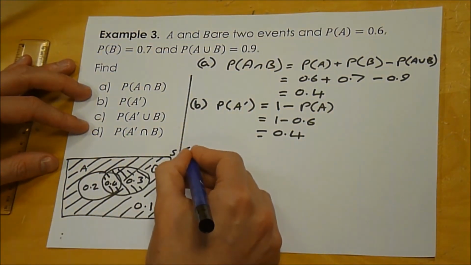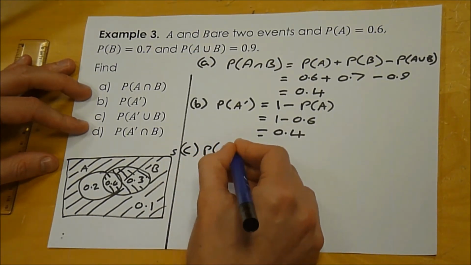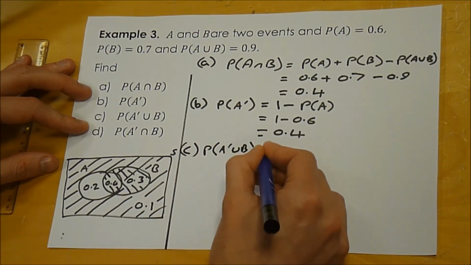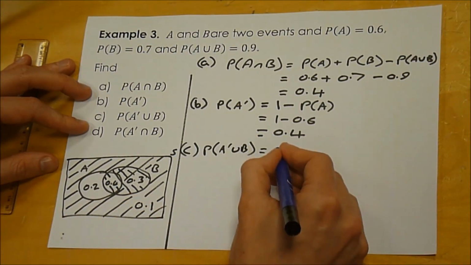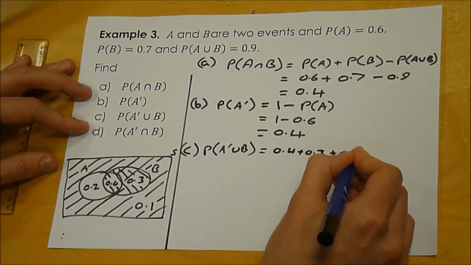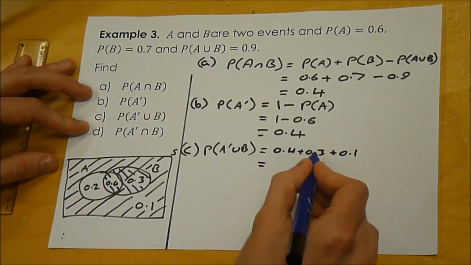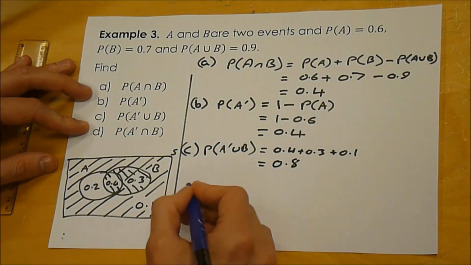So for C, the probability of not A or B is going to equal all three of these parts that we've shaded in. So that's 0.4 plus 0.3 plus 0.1. So that's 0.8. That is my probability of not A or B.